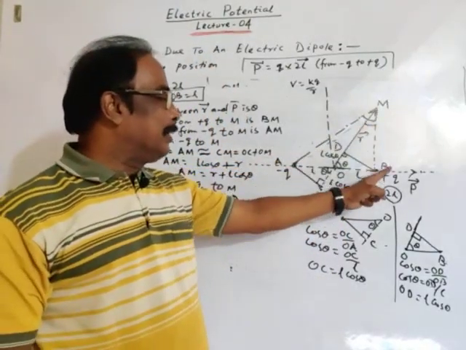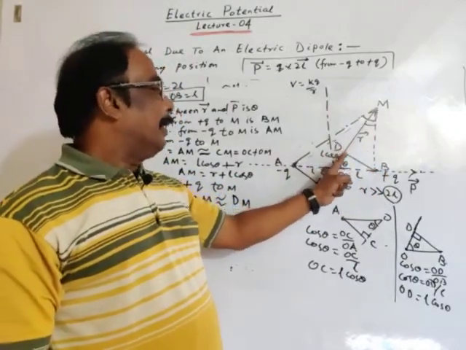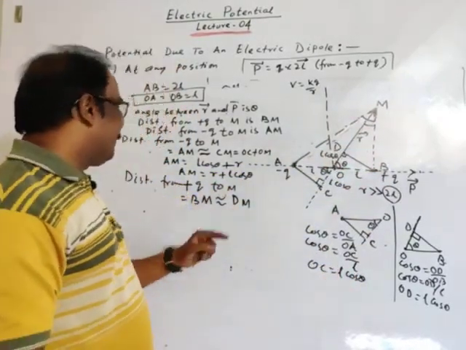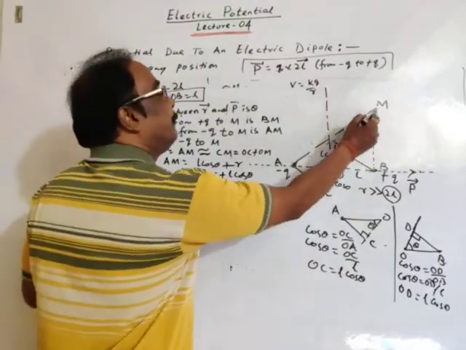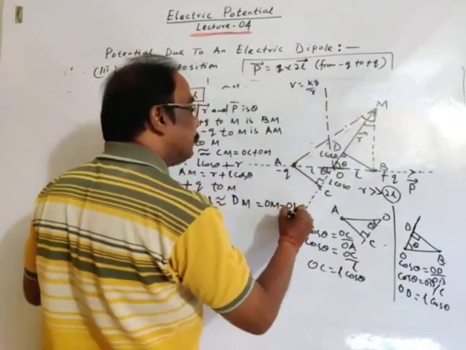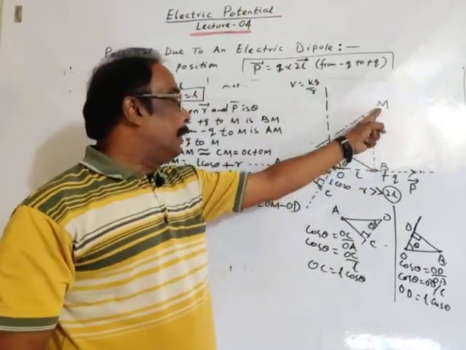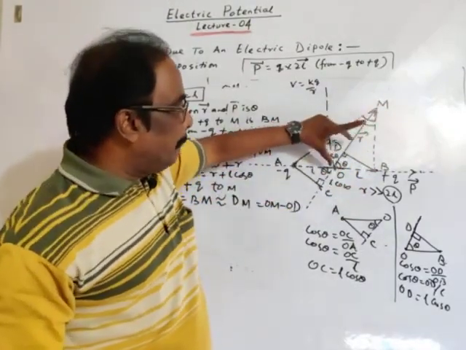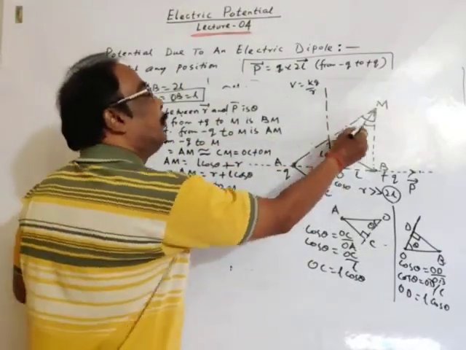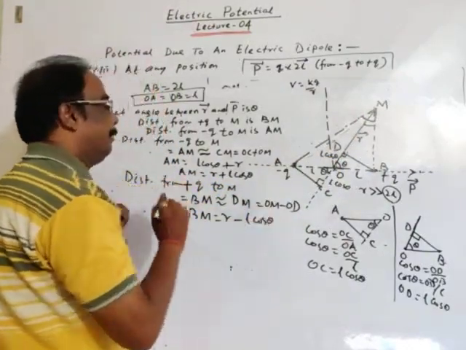Then by drawing a perpendicular from B, BM will be equal to DM. That equals OM minus OD. So BM is equal to OM, which is R, minus OD, which is L cos theta.